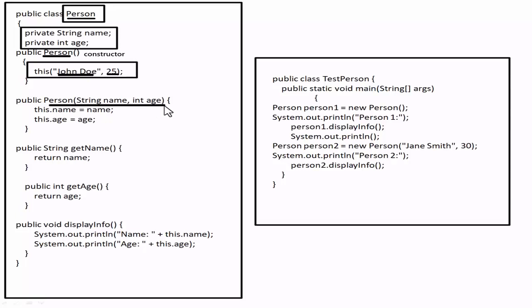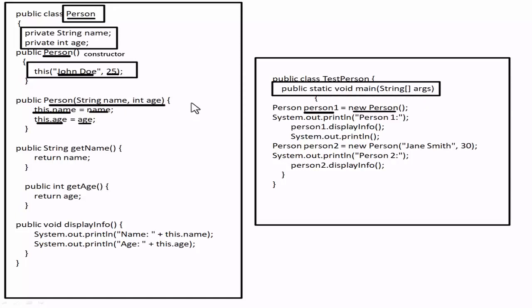Now you are going to call this.name equal to name, this.age equal to age. It means whatever arguments are received from this program. So here person1 equals new Person. TestPerson has the main method, Person doesn't have a main method.